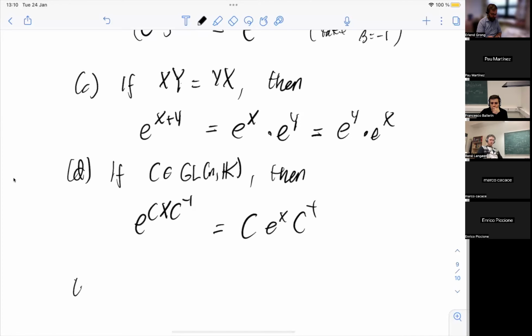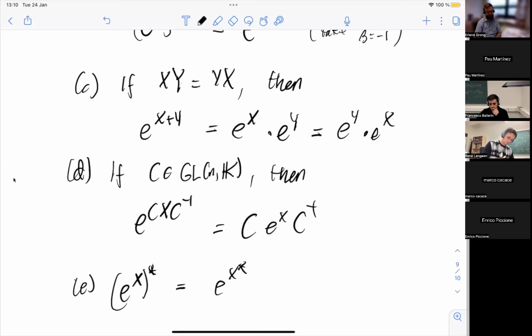And a final property: if I want to take the conjugate transpose, this is the same as taking the conjugate transpose before.